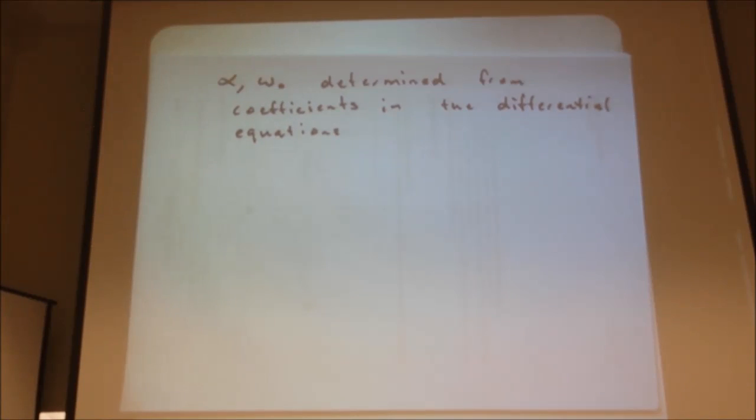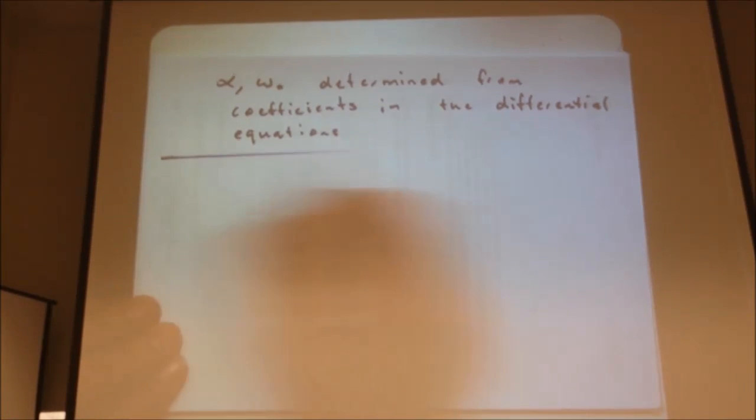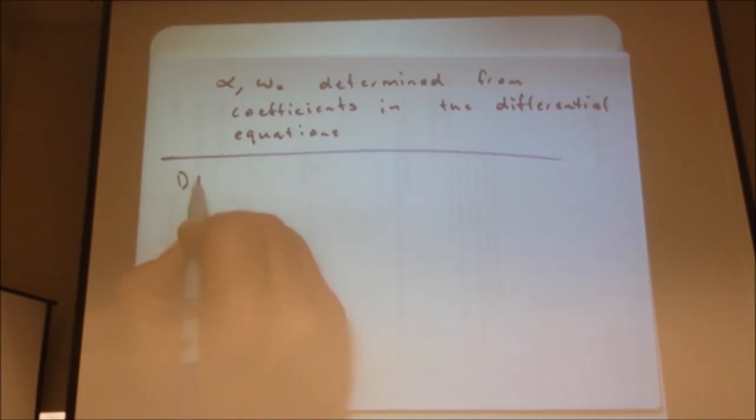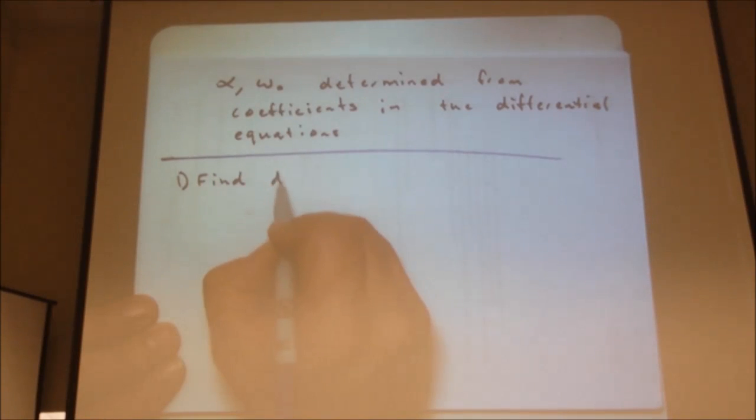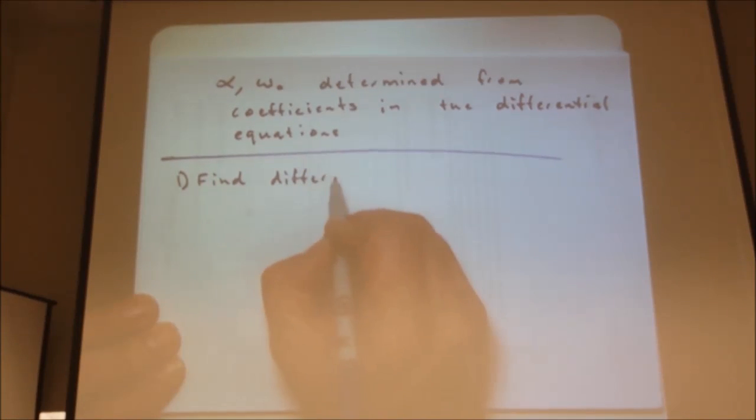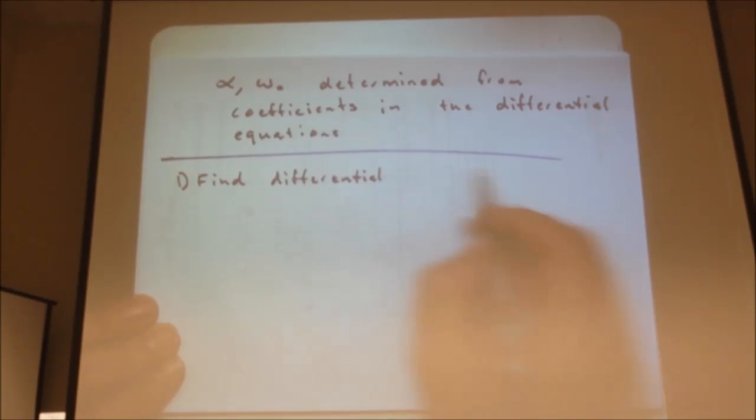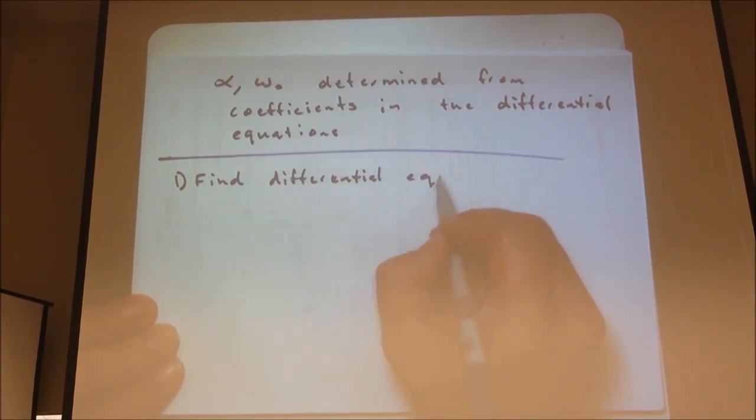Now, I may give you one that you do have to solve yourself, but for those classic expressions, we've done it. So as far as our steps: find the differential equation from circuit analysis.